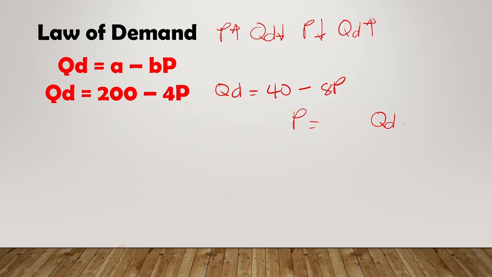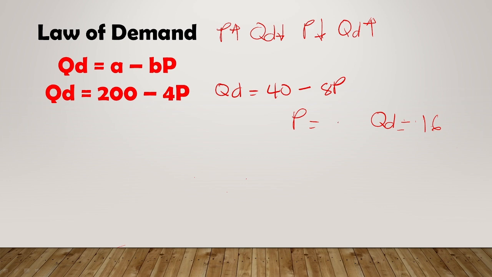Our QD is, say for example, 16. So with 16 as the QD, how much is our price? You can pause the video and solve it on your own.